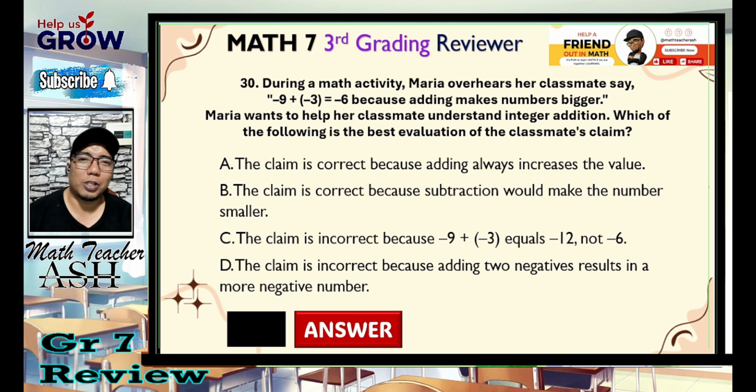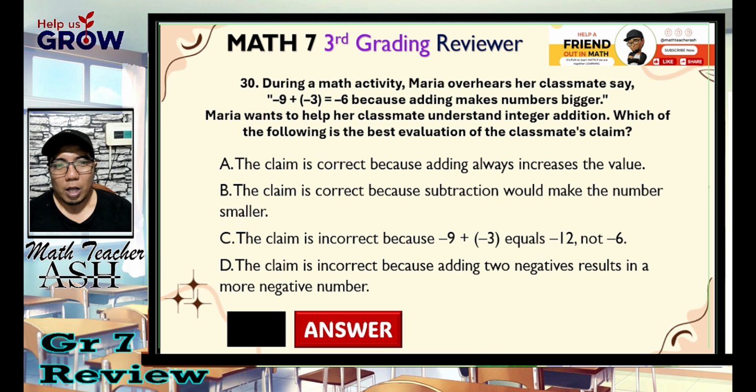Alright, my dear math learners. Now, in this question, there could be two correct answers. Why? Because technically, negative 9 plus negative 3, the answer is not negative 6. Instead, it is negative 12, because a negative plus a negative gives a more negative number. So basically, C and D here are correct.